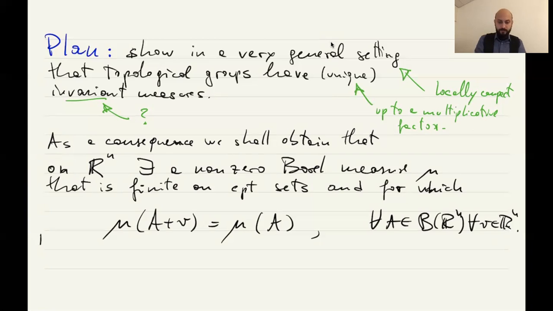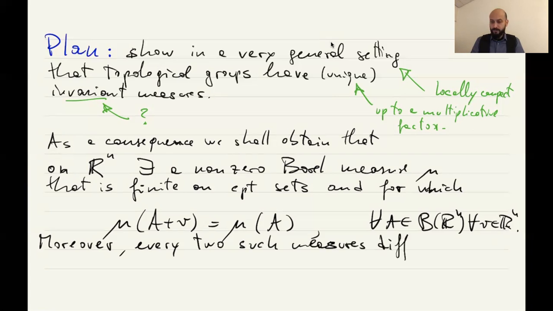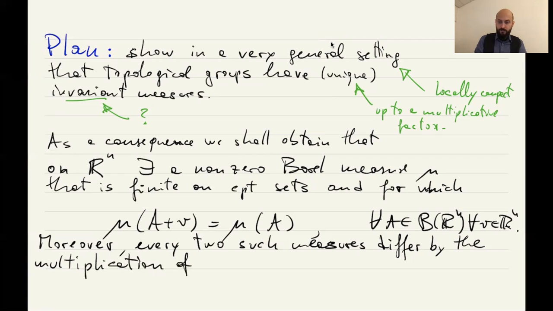Moreover, we have some uniqueness: every two such measures differ by the multiplication by a positive scalar.